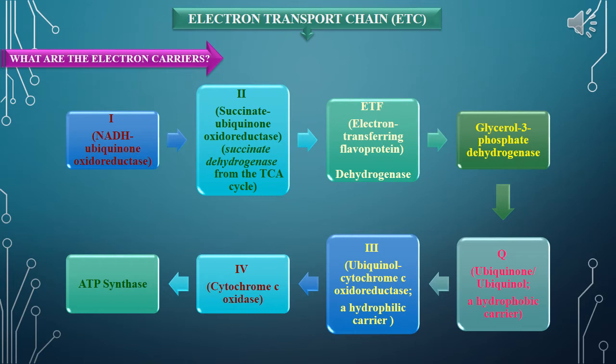This electron flow causes oxygen synthesis and proton motive force causes ATP synthesis, since proton motive force activates ATP synthase for releasing ATP from the electron transport chain.